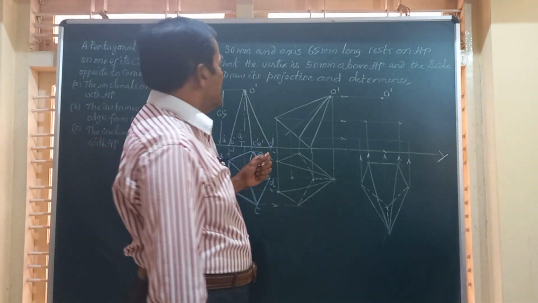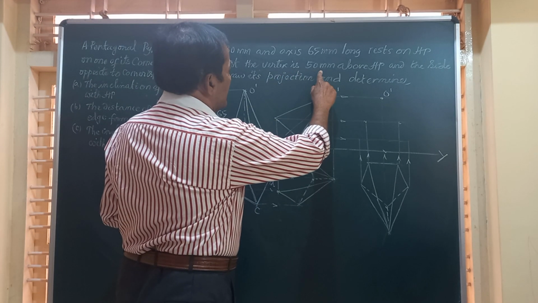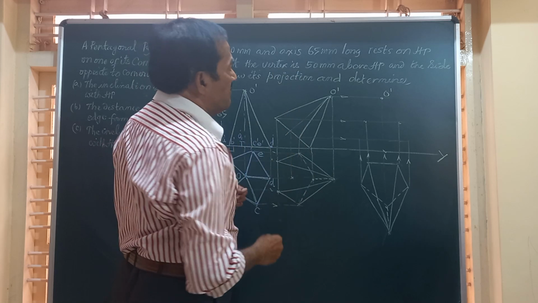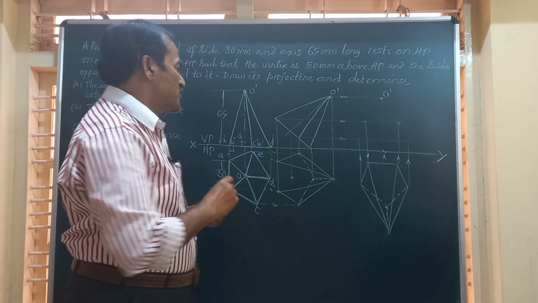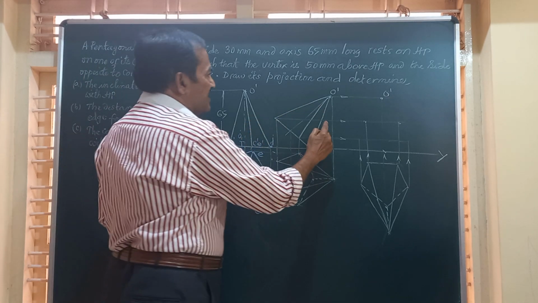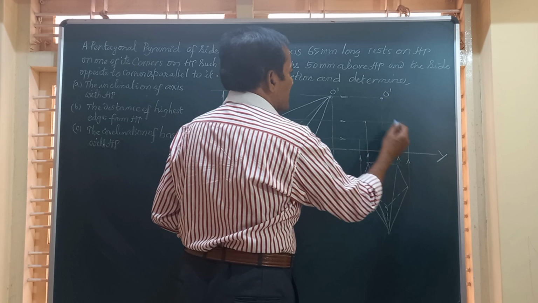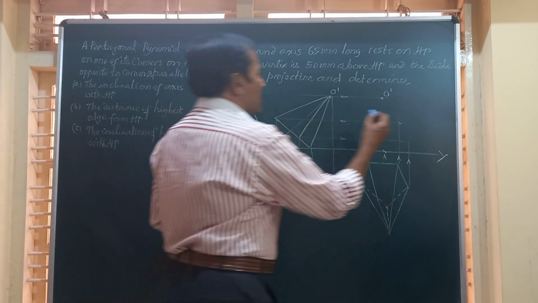And in the question it says the vertex is to be at a height of 50 mm above HP. So we have to tilt the object to the right such that this vertex is 50 millimeter above HP.